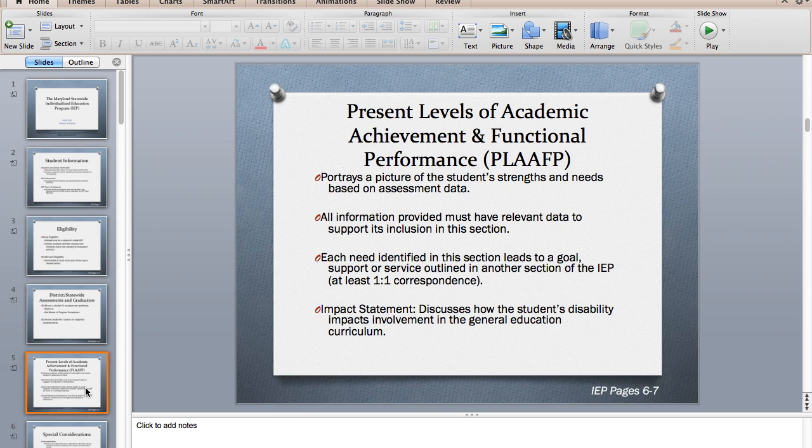You don't want to be making statements about a child's performance in this section without qualifying data to support it. And each need that's identified in this section will eventually lead to a goal, a support, or a service that's outlined in another section of the IEP, which we'll talk about in just a moment.